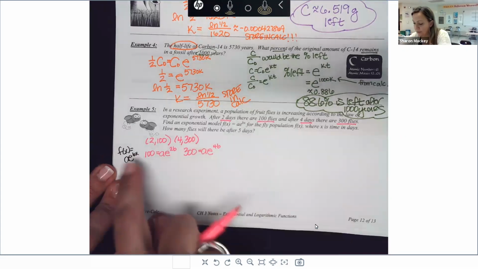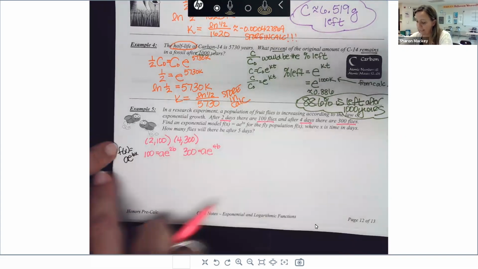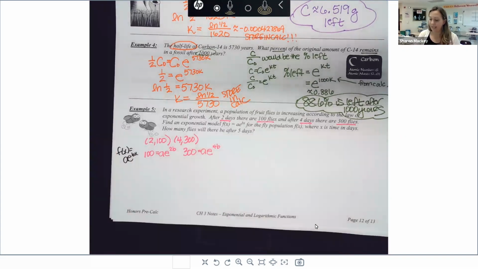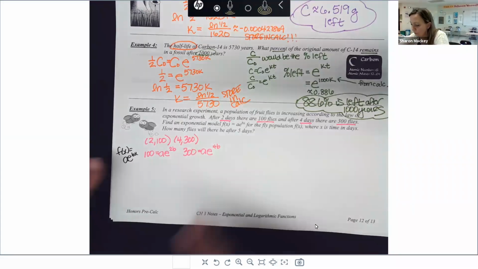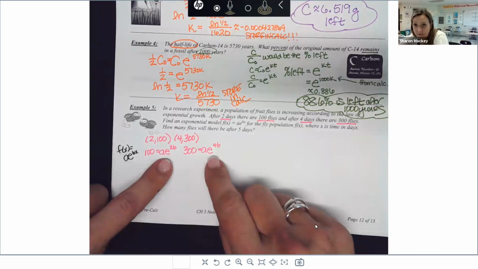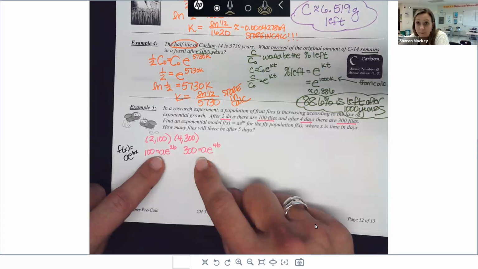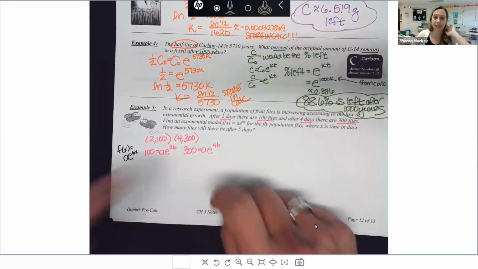So again, I just substituted the y for f of x and the x in for the x. And we know in a system of equations, we want to isolate one of the variables. So e, remember, is not a variable, it's a constant. So I would isolate either a or b. I pick a, all right, because that's going to be easier to isolate.